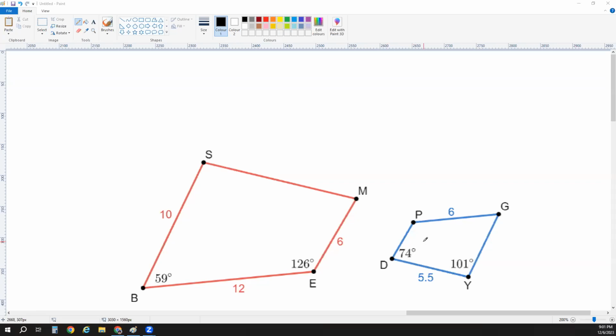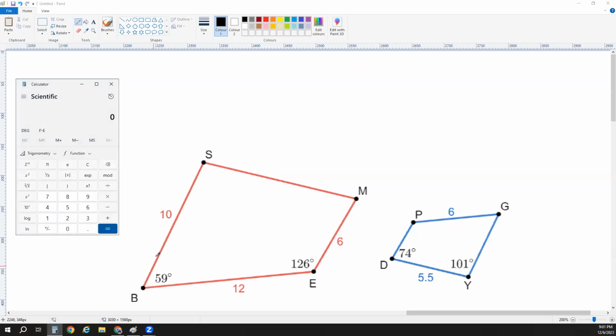Right, so if I had 59 plus 126 plus 74 plus 101, and all those equal 360 degrees.